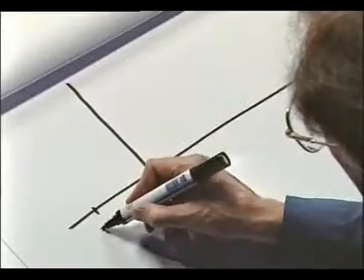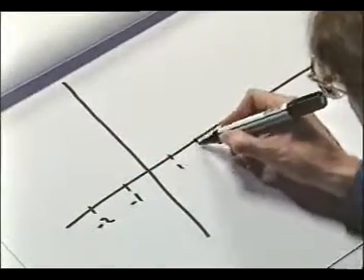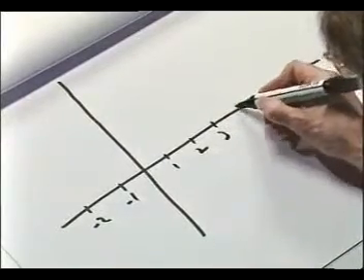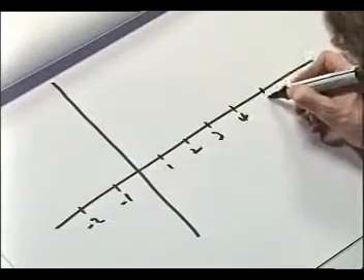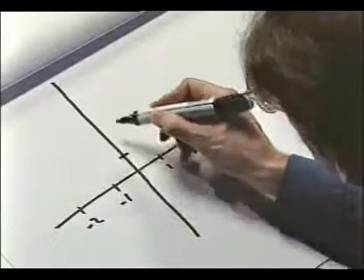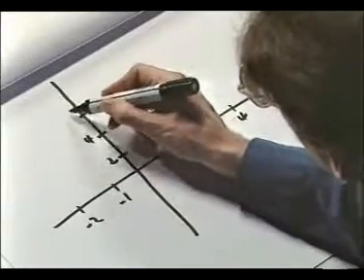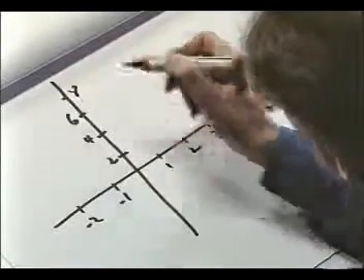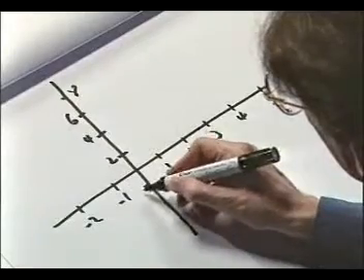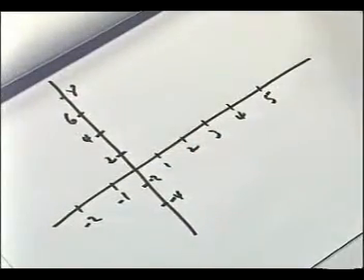We've got values -2, -1, 1, 2, 3, 4, and 5. And I'll mark these off in even numbers: 2, 4, 6, 8, and -2 and -4.